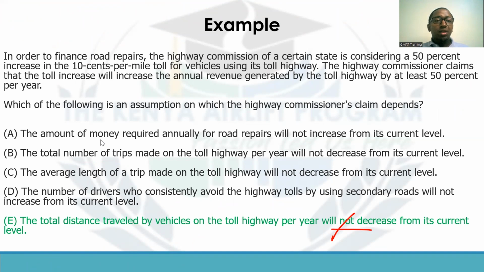So in this example, it's quite easy to use the negation. But this now requires you to not ignore any part of your premise here, because if you ignore this part, the 50% increase in toll for vehicles, you would miss the essence of the entire question.